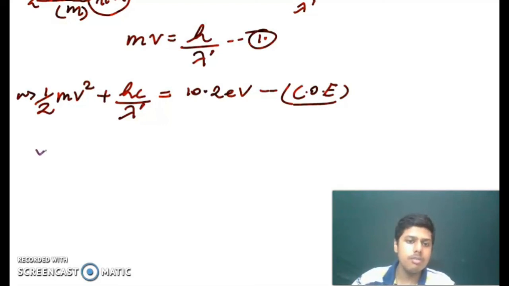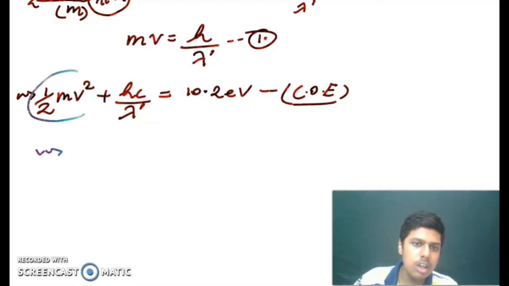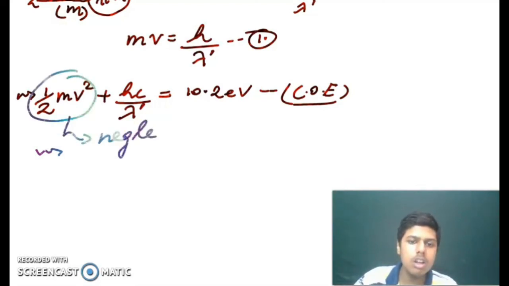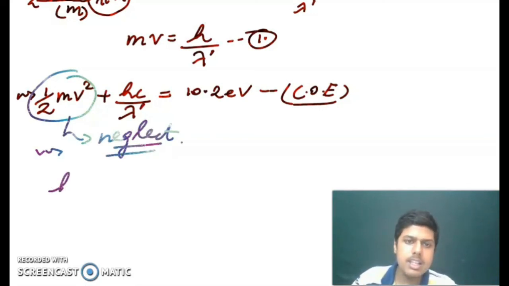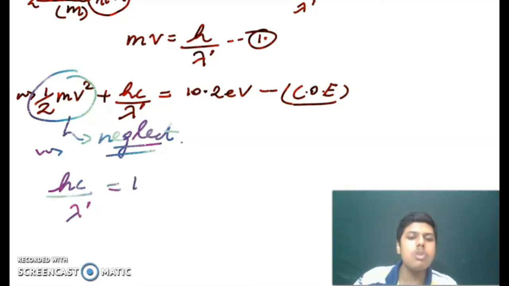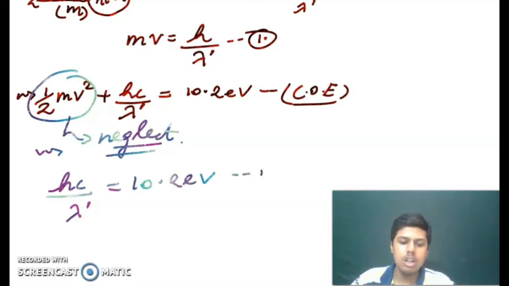Now for calculation, let us neglect this half mv square, right? Now it will be hc over lambda dash is equal to 10.2 electron volts, right? Now let us consider this to be equation number two.